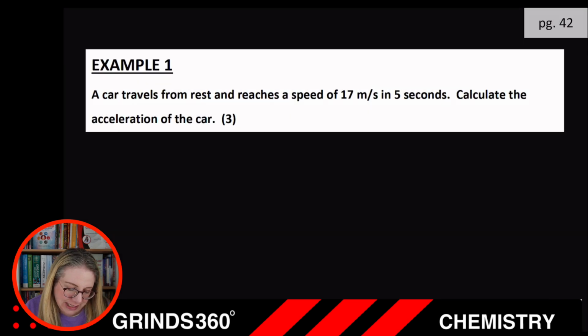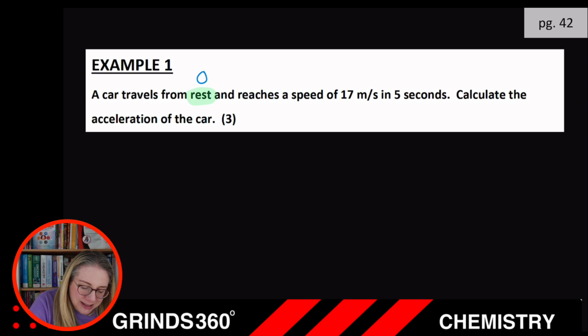Now, let's have a look. Worked example number 1. Now, this one, I left a blank space so that you can fill in your workings as we go through this. Now, again, we're going to have a trusty highlighter to hand to highlight the key pieces of information here. A car travels from rest. Now, if something is starting from rest, what speed is it? If something is at rest, it's not moving. So if it's not moving, what speed does it have?